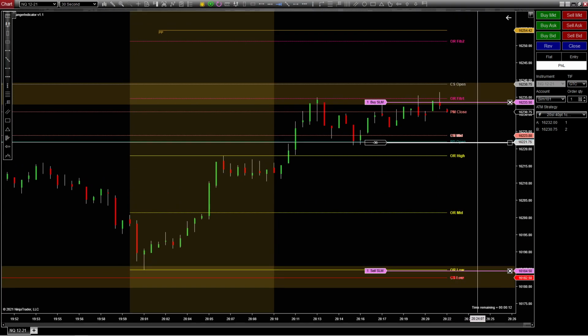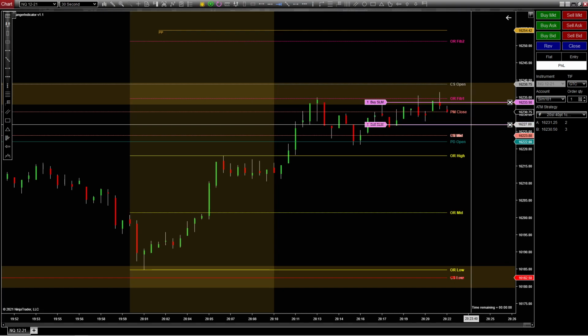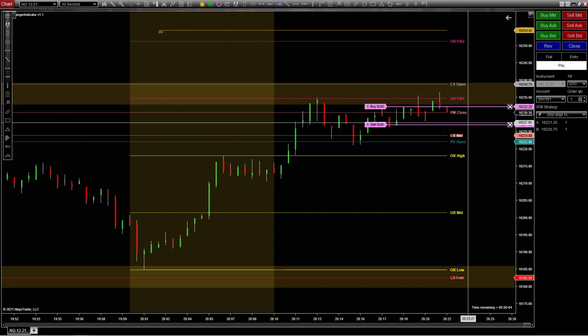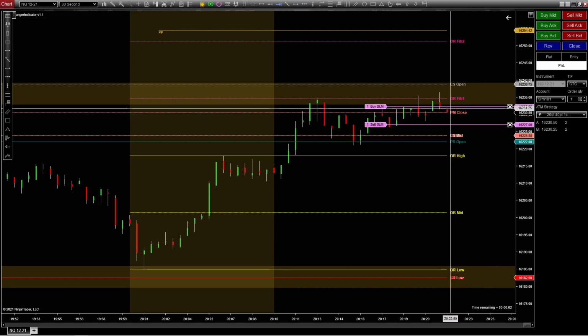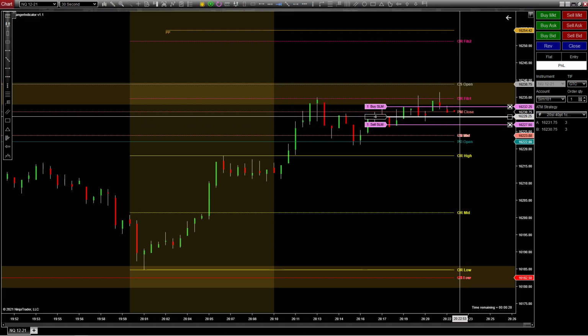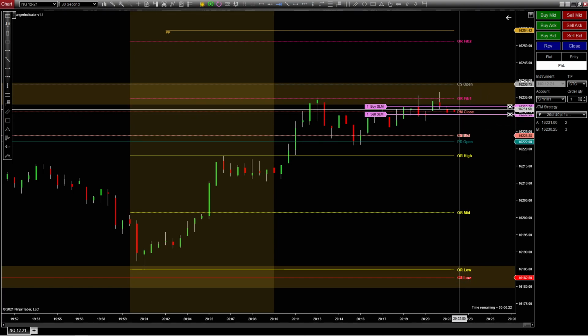So let's go ahead and move this one up just in case it comes down. Whichever one it hits first, the other one will cancel out. I'm going to put this up a little closer just to make it hit. Of course, we would never do a bracket order that close.